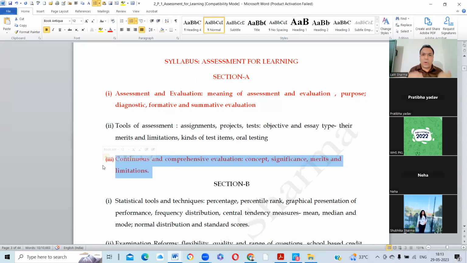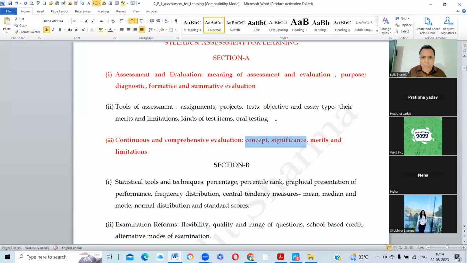The word CCE comes from continuous and comprehensive. What is the meaning of continuous? What is the meaning of comprehensive? Because it is talking about all 3 domains of learning: cognitive domain, affective domain and psychomotor domain. Okay, you have to refer to this under CCE. Then concept, significance and merits.